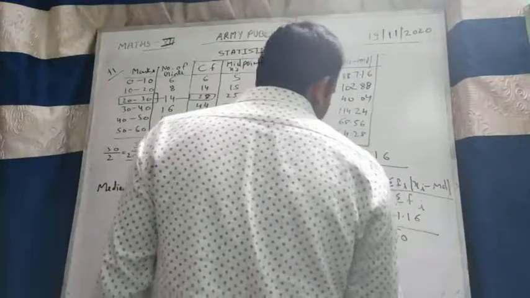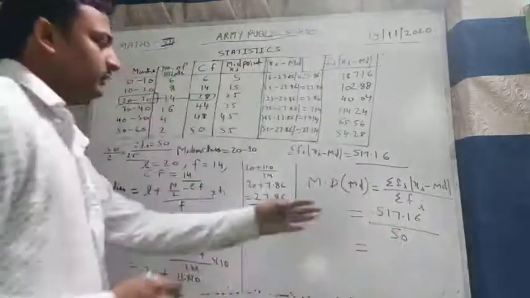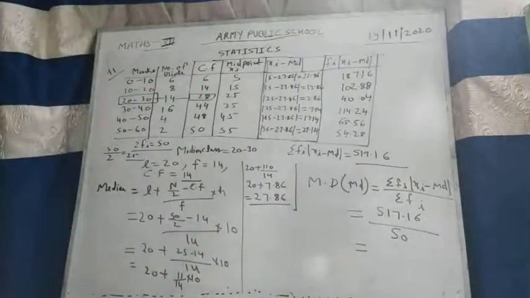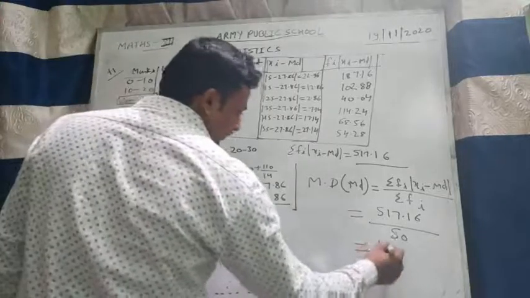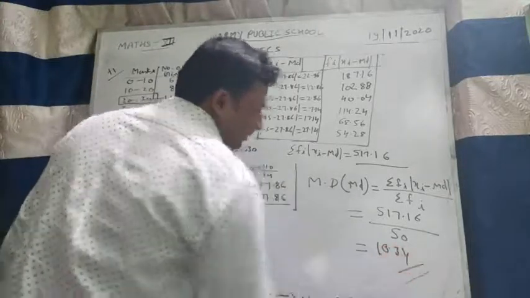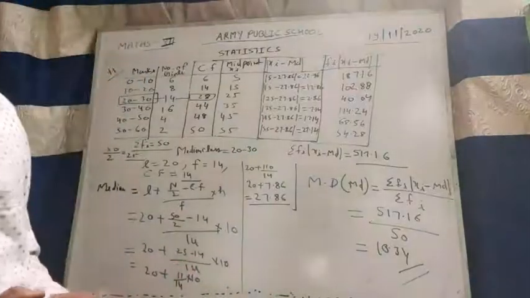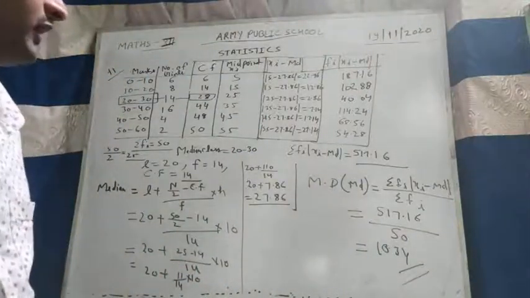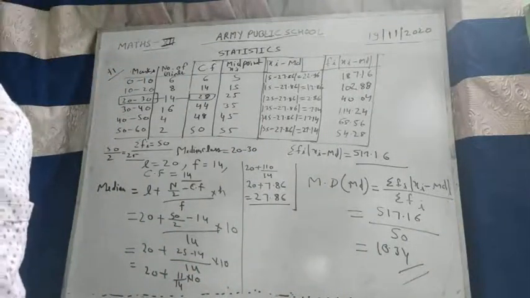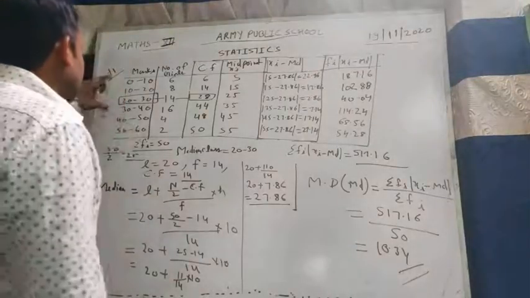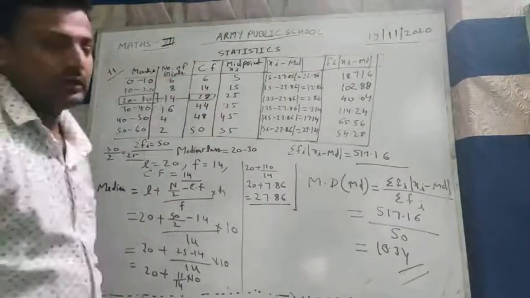Okay. Now what will we do? We will divide this and we get our result. So this will be about 10.34. So the mean deviation of the given data is 10.34.